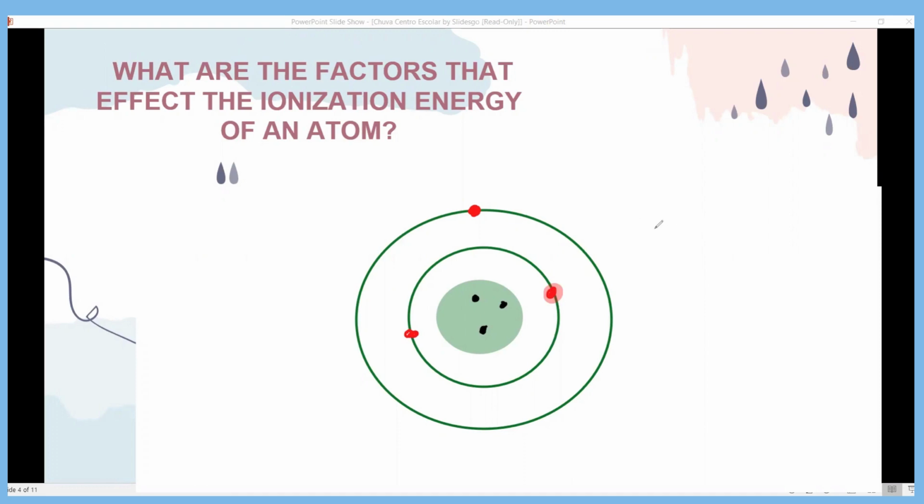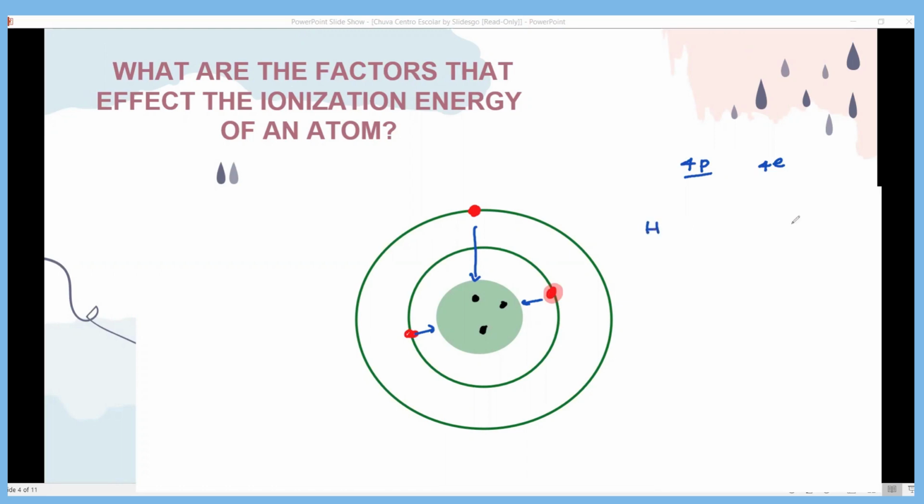These 3 electrons are held within this atom by the electrostatic attraction towards the nucleus because of the opposite charges. But if we have 4 protons and 4 electrons, we cannot expect this attraction to be the same. Since we are adding one more proton, the attraction will be greater.